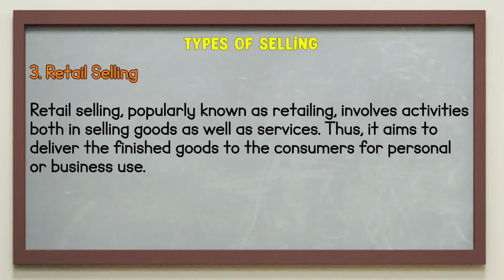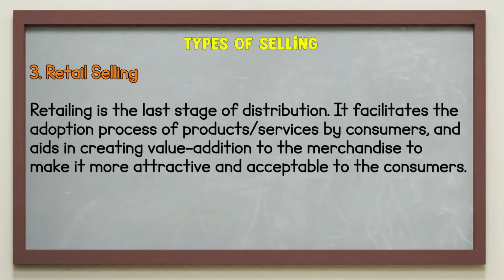Type 3. Retail selling. Retail selling, popularly known as retailing, involves activities both in selling goods as well as services. Thus, it aims to deliver the finished goods to the customers for personal or business use. Retailing is the last stage of distribution. It facilitates the adoption process of products or services by consumers and aids in creating value addition to the merchandise to make it more attractive and acceptable to the consumers.